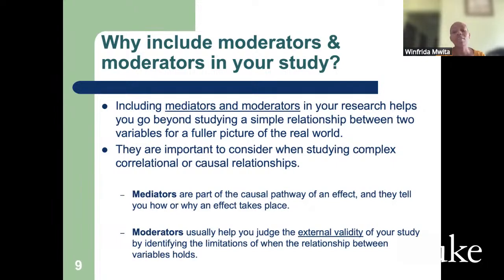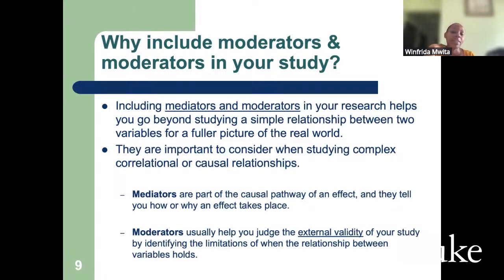But also, it's very important to consider the complex causal relationships truly happening in studies. It's not like cigarette smoking would cause lung cancer directly. We have confounders, we have moderators, we have mediators. So it's important to have the true picture of what is really happening.